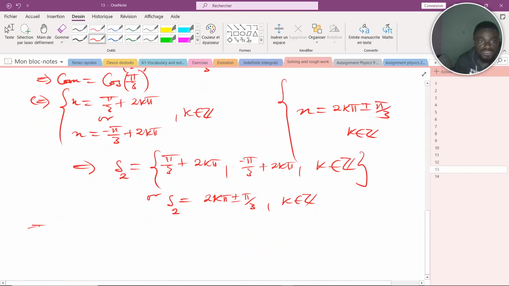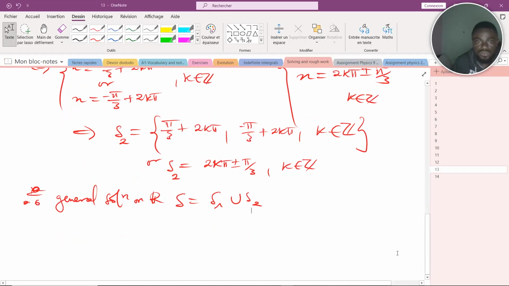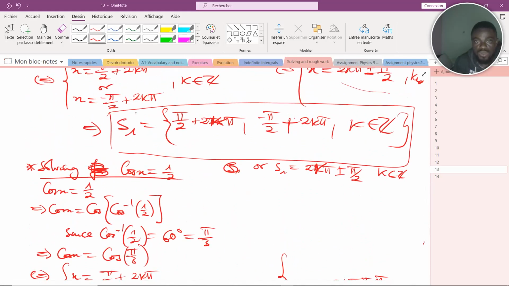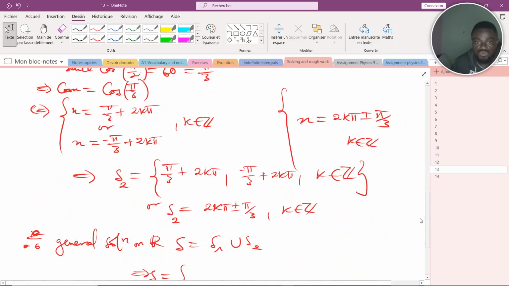So therefore the general solution on R, S, will be equal to S1 union S2. Is that okay? So this implies S will be equal to what? I'll first take this one. We have pi on 2 plus 2k pi and minus pi on 2 plus 2k pi.